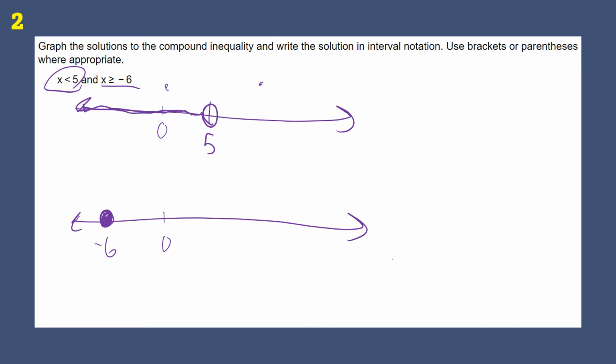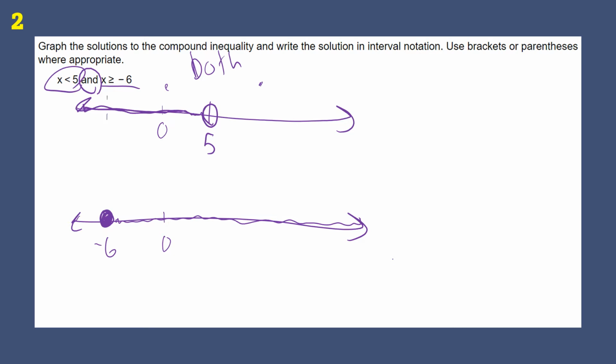We could also have x is greater than or equal to negative 6. Greater than is going to be this side. But this says an and, okay? An and means that we're going to compound these, put these together, and both of them have to be true. So I want to look for the overlap. Where do they both happen?